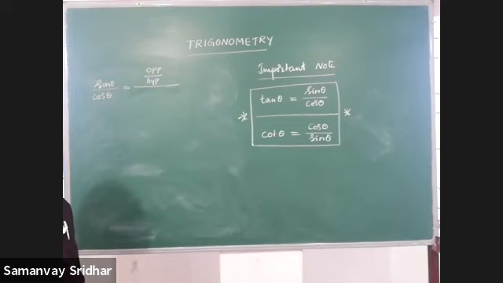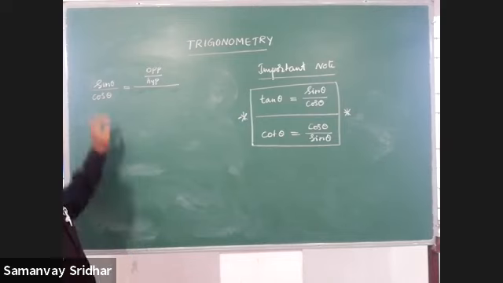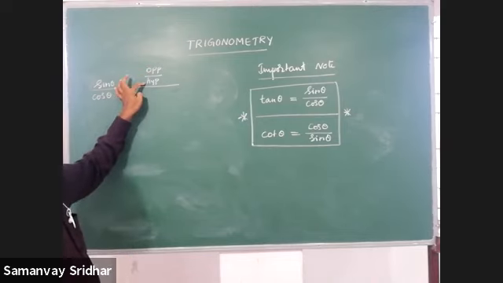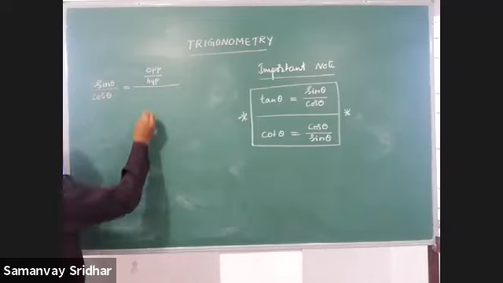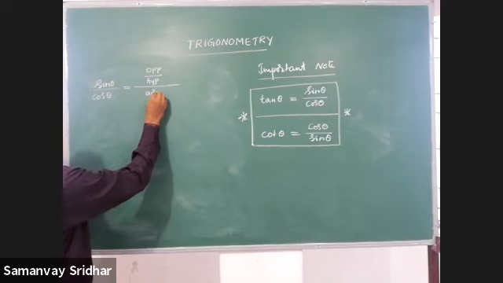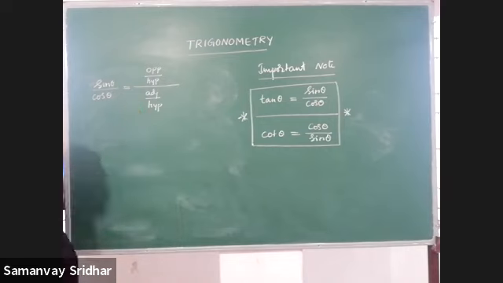With respect to the sides of the right angle triangle, with respect to the marked acute angle theta, sin theta is always opposite by hypotenuse. I already explained. That's why in the numerator I wrote that. Cos theta. Cos theta is what? Adjacent by hypotenuse. Am I right? Cos theta is adjacent by hypotenuse.